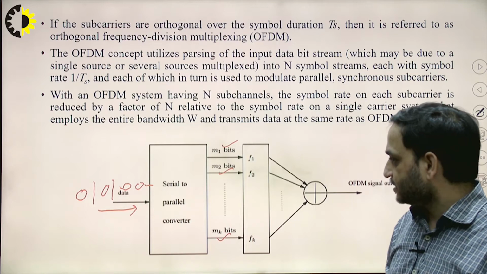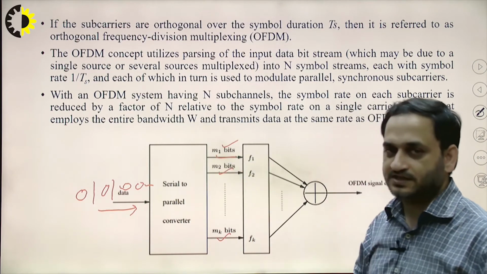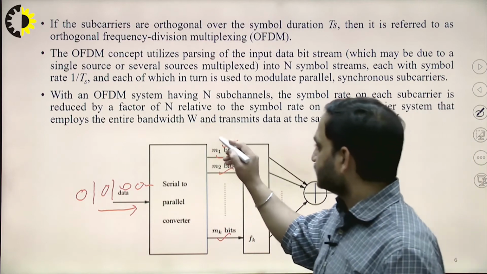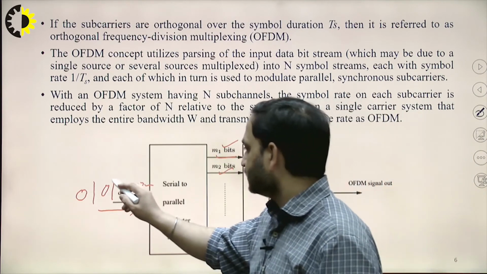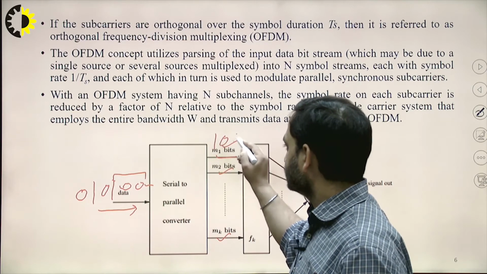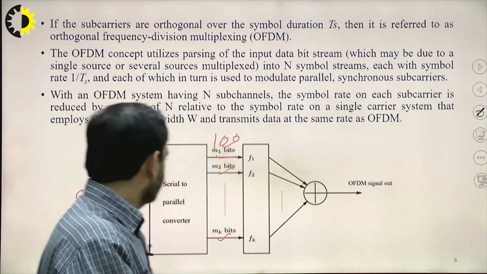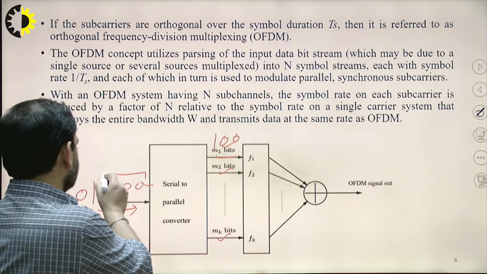We can also say that we modulate these M1 bits. Suppose M1 has 3 bits, so the first 3 bits are 1 0 0. Similarly, the next is 0 1 0.